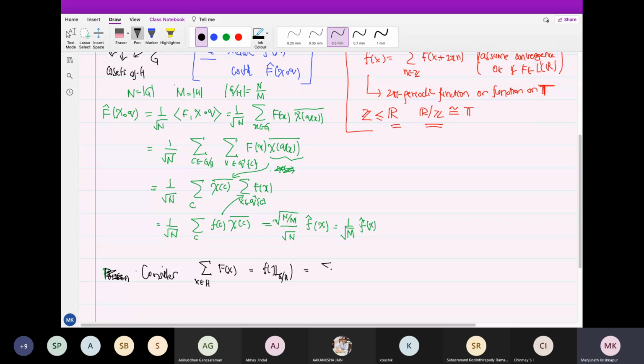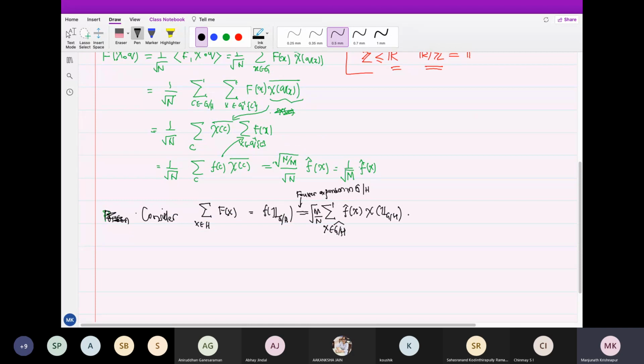But by the Fourier expansion, we can sum over all characters of G mod H. This is the Fourier expansion of f: f hat of chi times chi, over the square root of the size of G mod H. Here chi is evaluated at the identity of G mod H. But what is the character evaluated at identity?